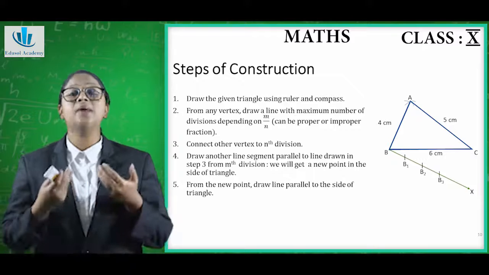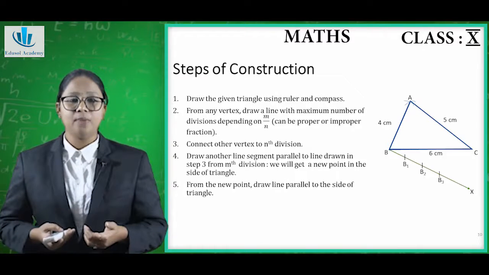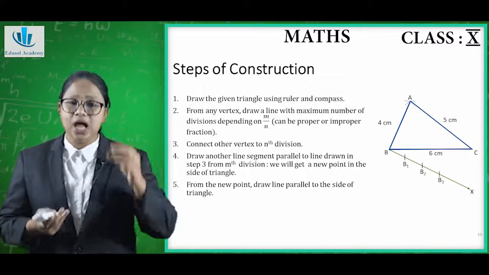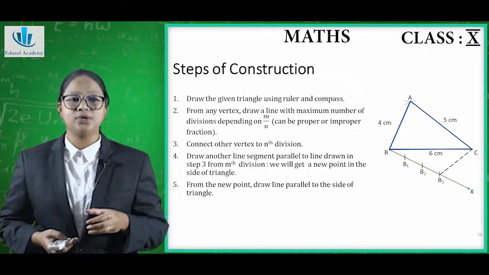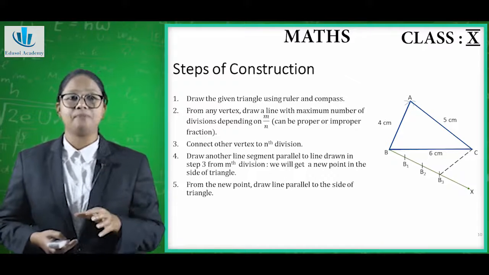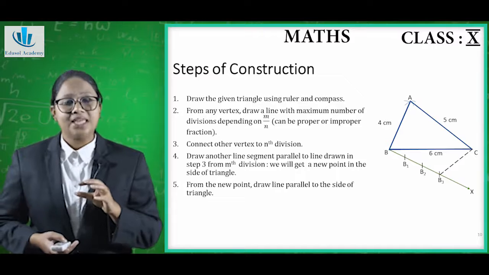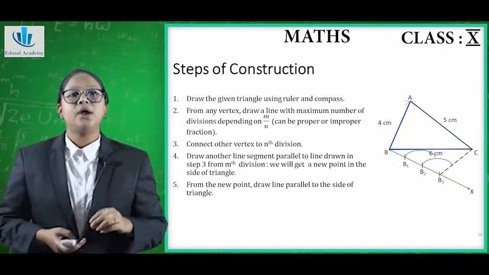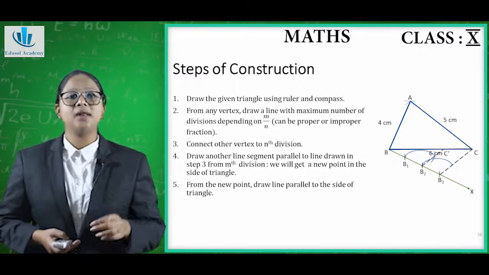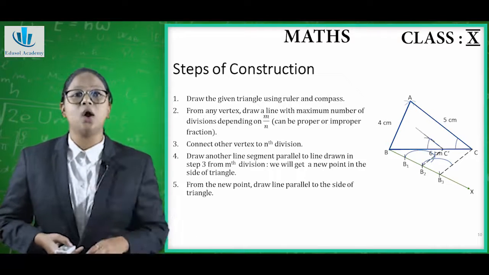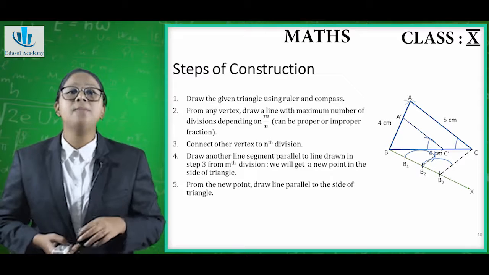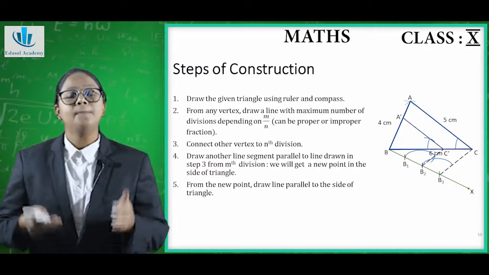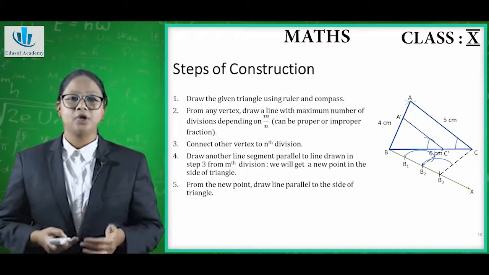M by n can either be a proper fraction or an improper fraction. Whichever is the largest, take that many divisions on the new line. Now from the nth division, connect the other vertex. Then draw another line segment parallel to the first line drawn just now, and repeat the same process within the triangle. We will get the similar triangle.